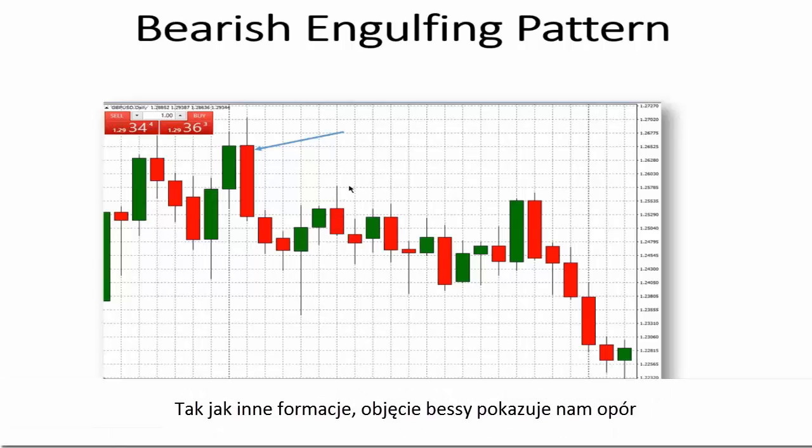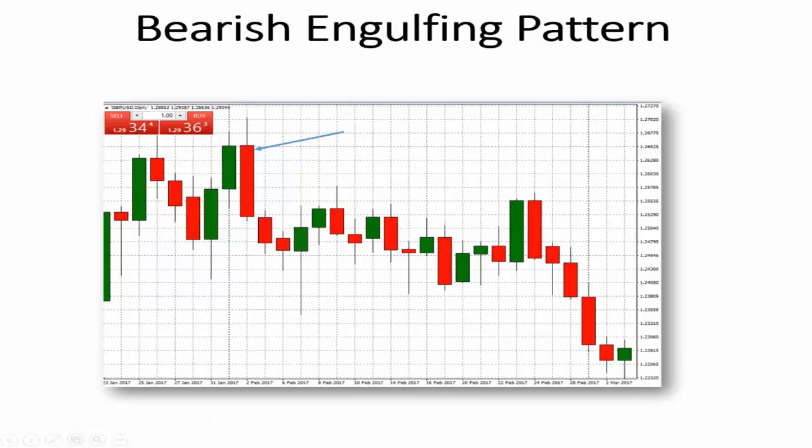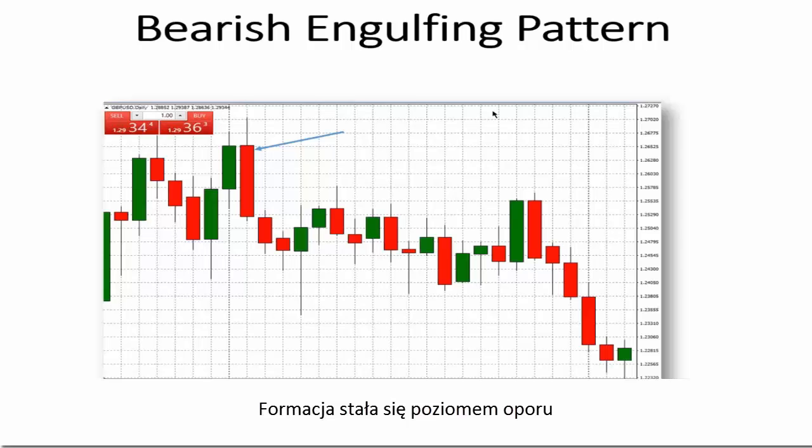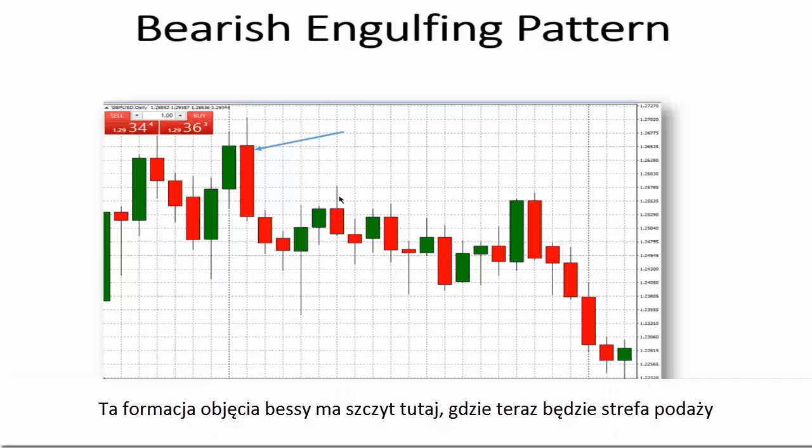And bearish engulfing patterns, like a lot of these candle signals, become resistance. So here we have a bearish engulfing pattern. Becomes resistance right around 127.20, right over here. This bearish engulfing pattern, you take the highest high of the two candles in the bearish engulfing pattern, becomes resistance, so the resistance level would be right over here.